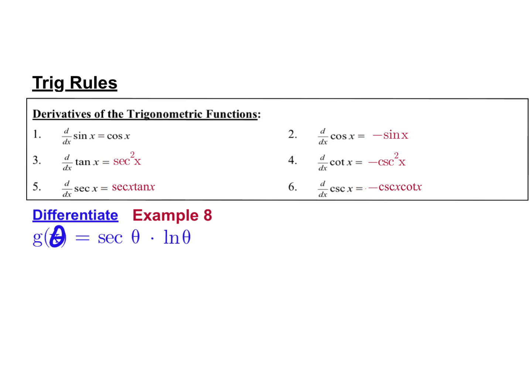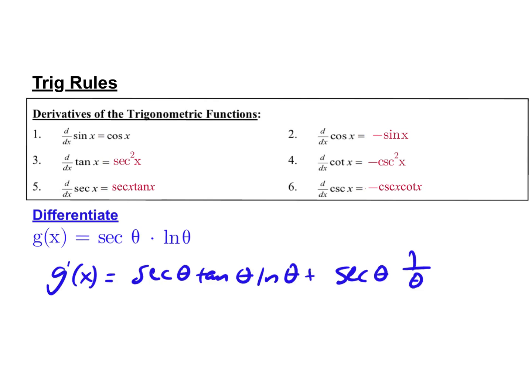We're going to differentiate those. I'm going to fix this one too. All right, so the derivative of the secant is secant theta tangent theta, and then we're just multiplying by natural log theta. And then the derivative of the natural log is 1 over theta.